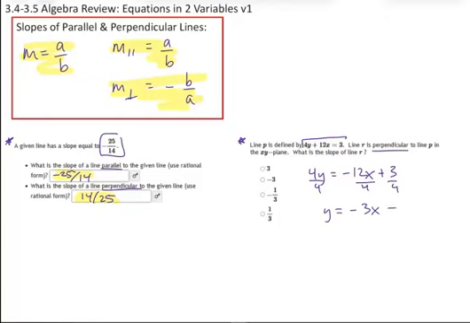That gives you negative 3x plus 3/4. So that means your slope is negative 3. Therefore, the slope of the perpendicular is going to be the opposite, positive, reciprocal, 1/3. And so that would be your answer, 1/3 here. All right, so again, relatively straightforward.